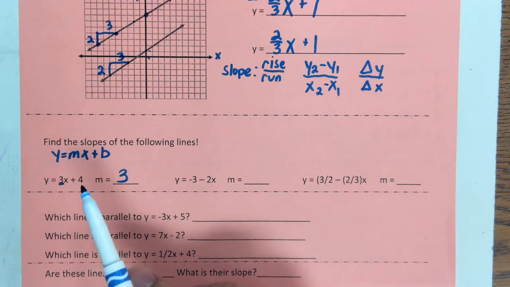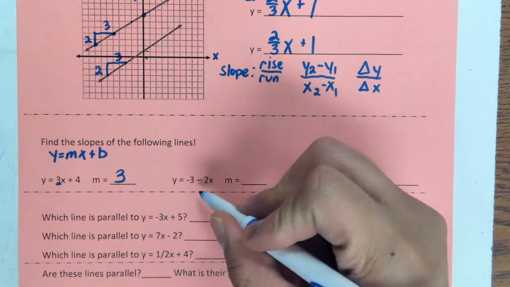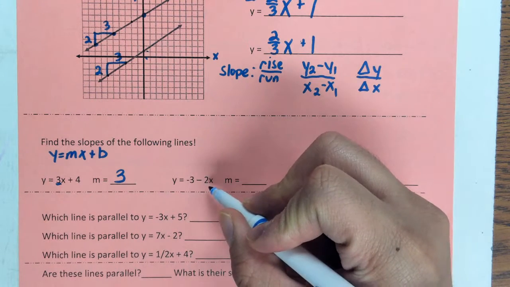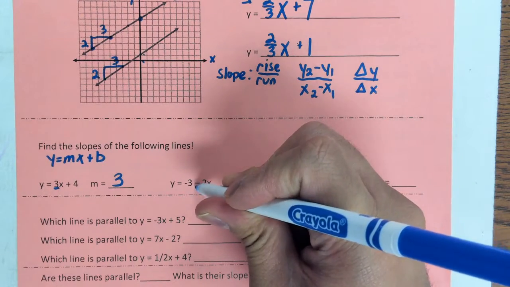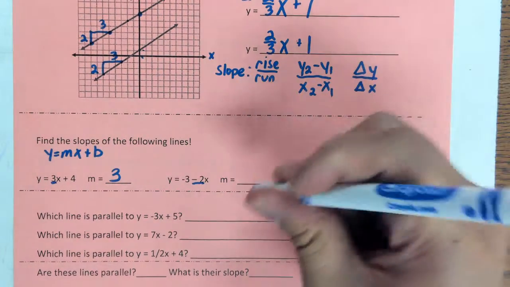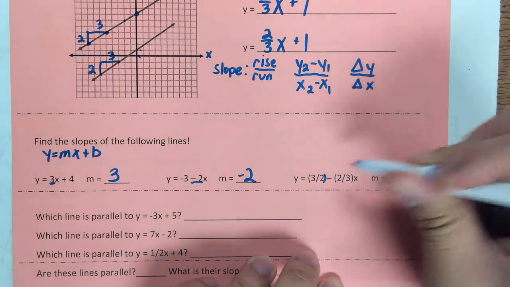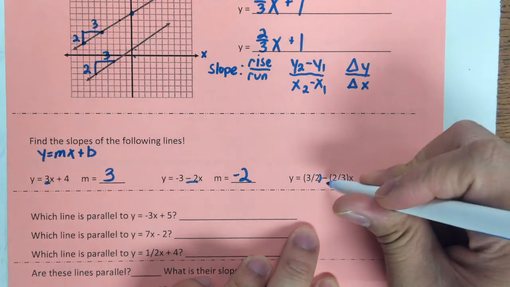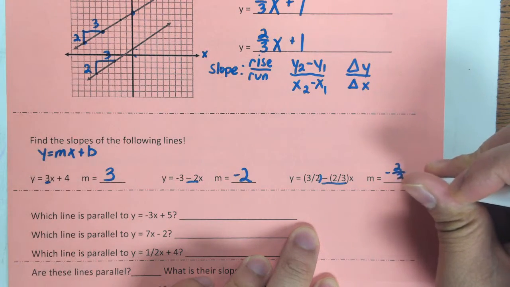You have to get it into y equals first. So over here, notice my slope and my y-intercept are switched. So we're focusing on the slope, the number with the x. That's a -2. Again, there should be parentheses there. We're focusing on the number in front of the x. That's a -2/3.